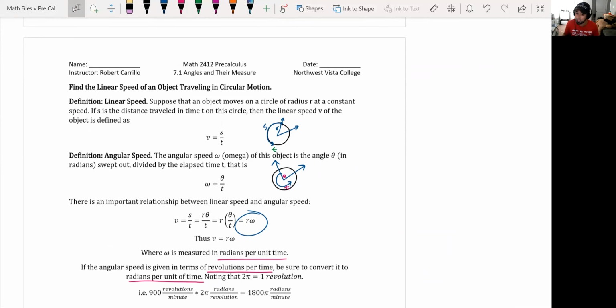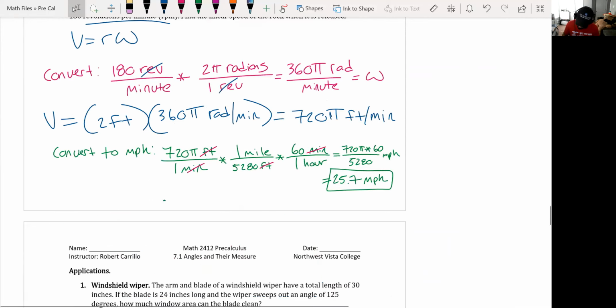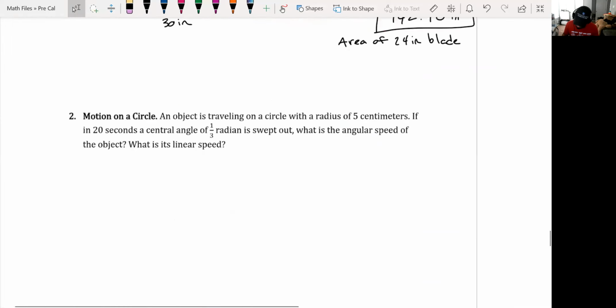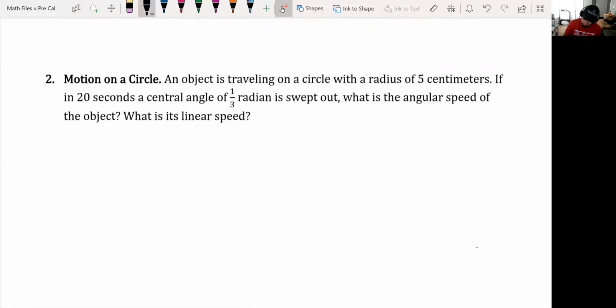So first, let's go for linear speed. So for linear, it's V equals S over T. Okay. Well, we are given that the radius is 5 centimeters, our angle is 1/3 radians and time is 20 seconds.